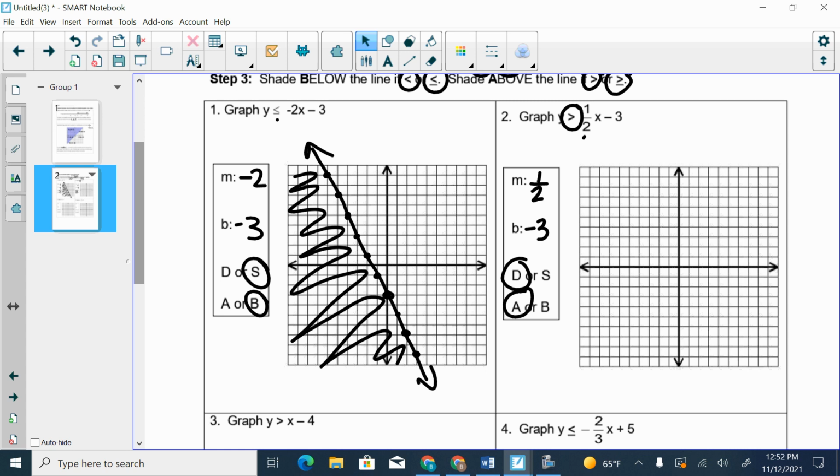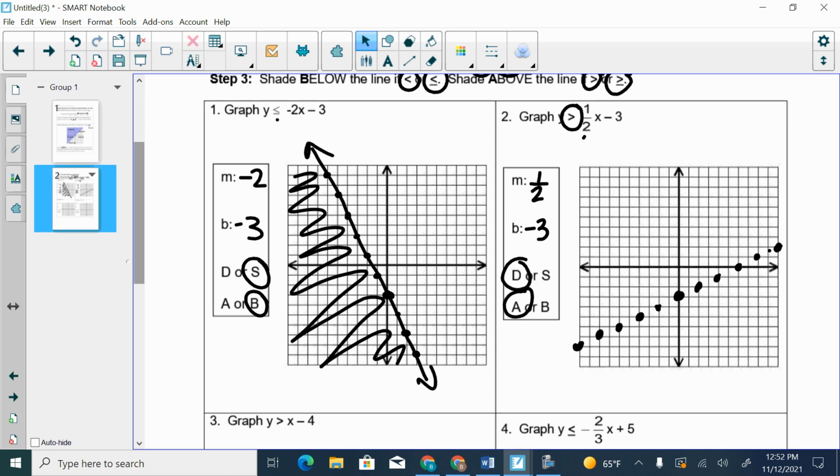Okay, so we come over here and we graph it. Where does this one start at? Good. And how much up and over are we going to go? Very good. Okay, now before we go connect our lines, what are we going to be connecting them with this time? A dotted line.